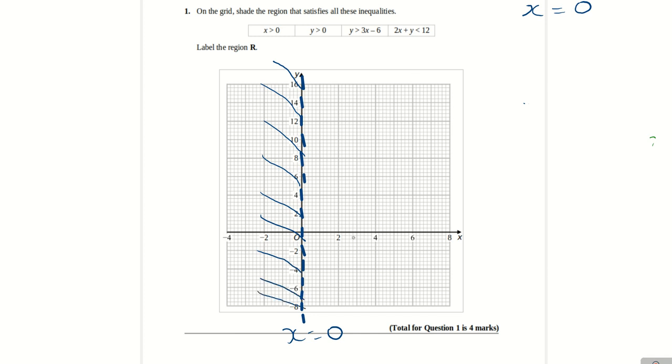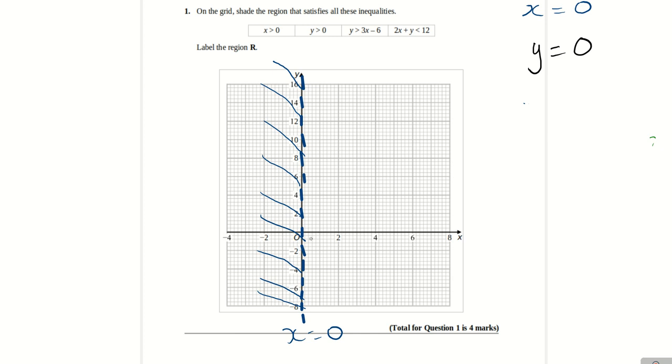Right, there we are. Now the next one I'll do in black, and that's y has got to be greater than 0. So we need to draw the line y equals 0. Again, we do it as a dashed line because our inequality doesn't include equals. We only want points that are not on the line y equals 0.